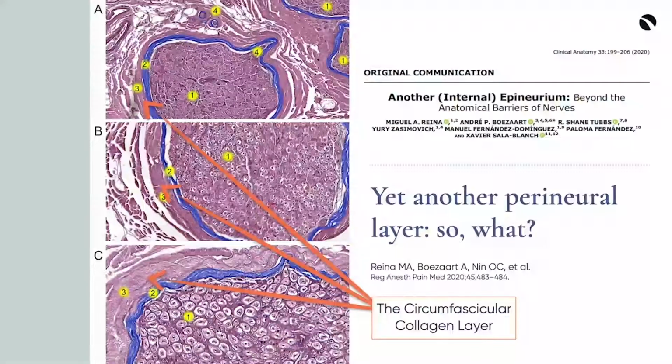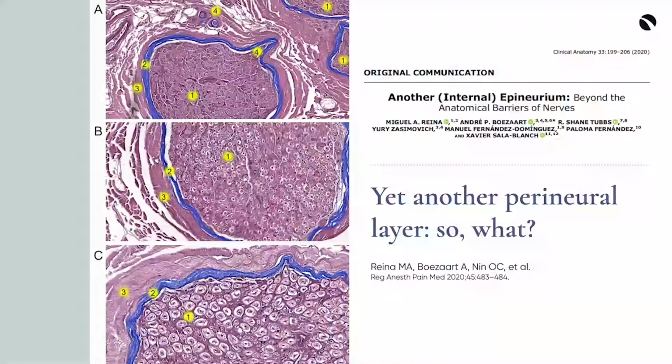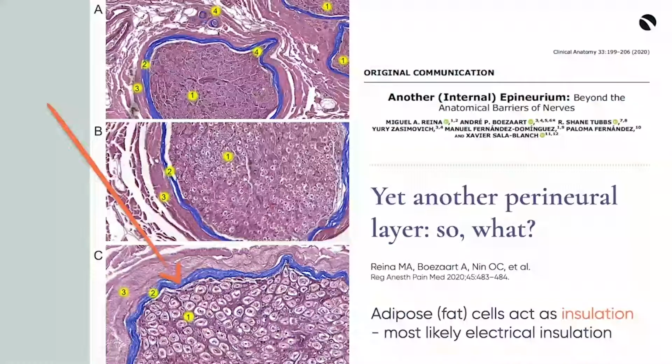What is unique about this layer is that it does not contain any cells. It is only made up of interlaced collagen fibers, and it snugs up right against the perineurium of the fascicles shown here in blue without any adipose tissue separating the two. As we know, the perineurium consists of cellular tissue with nuclei and thus mitochondria and DNA that can create new proteins.